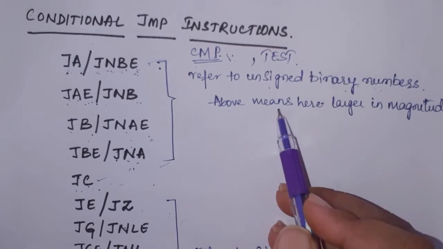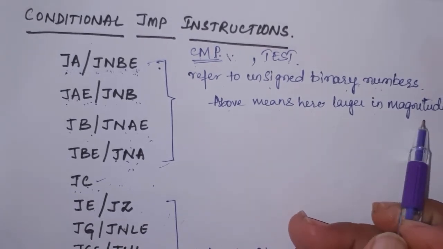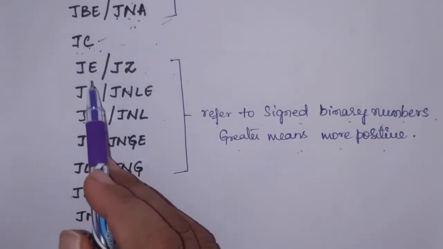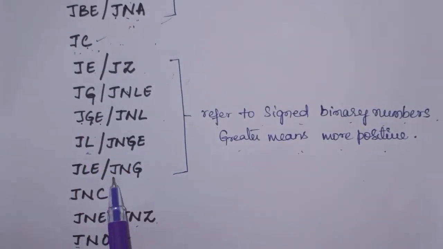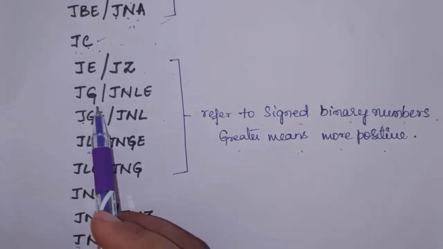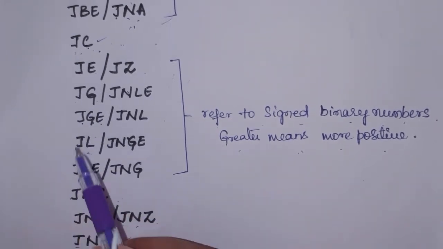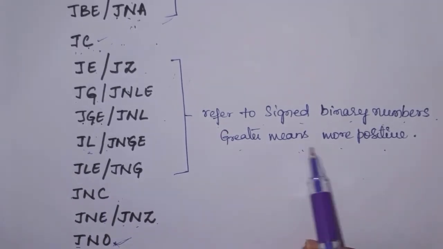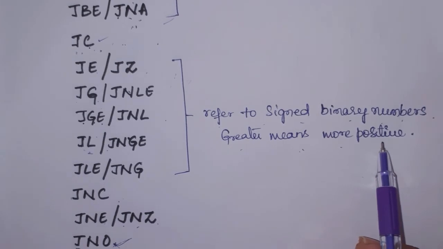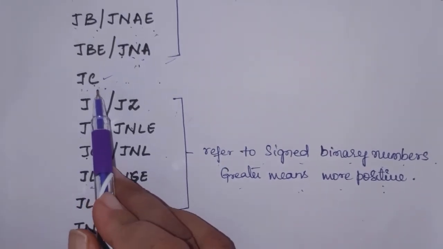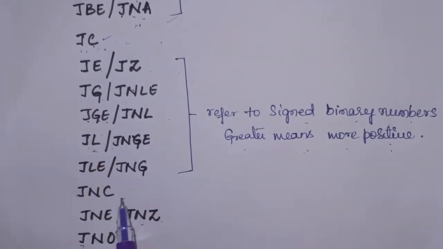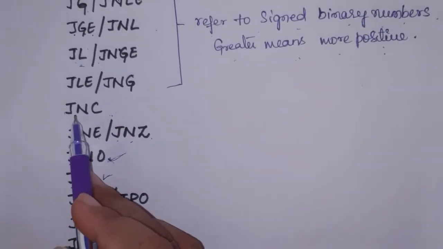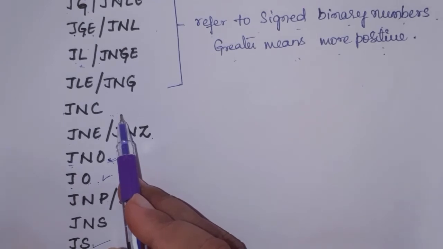Above means larger in magnitude. But in case of signed binary numbers, you should use different instructions. When you compare two signed binary numbers, you can use jump if greater or jump if less. Greater here means more positive. Then jump if carry and jump if no carry check the carry flag, and the execution is transferred accordingly.